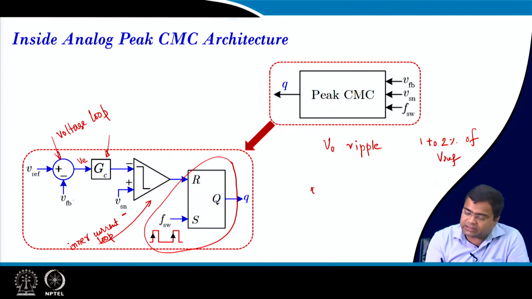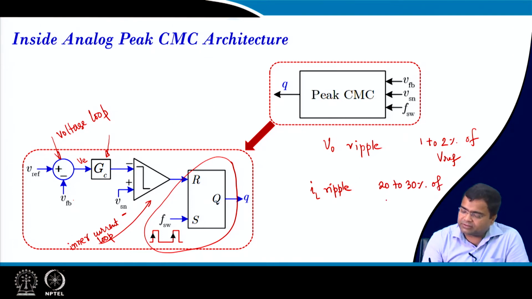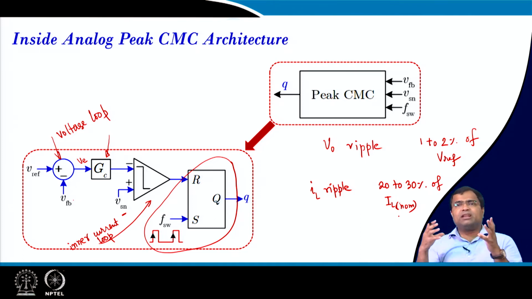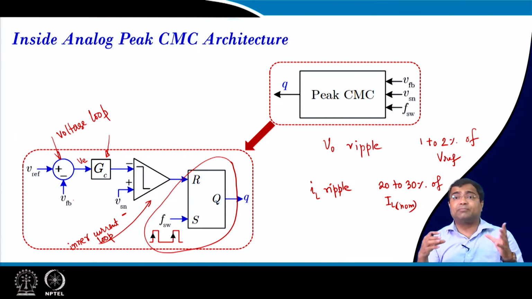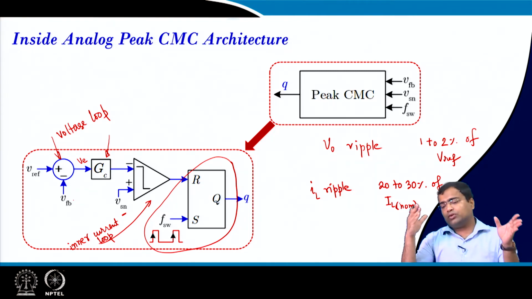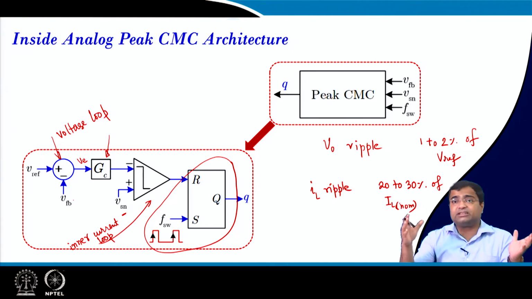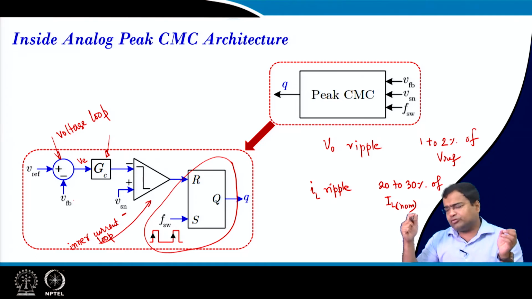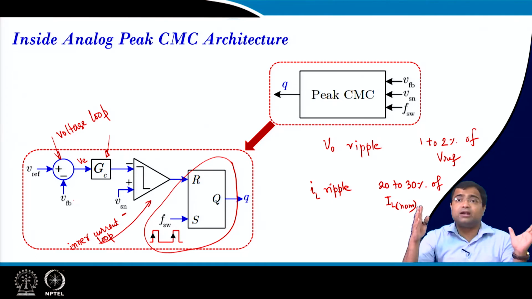But when you consider the inductor current ripple, we generally consider 20 to 30% or even higher of the IL average, that nominal value. The nominal value is basically the nominal load current for a buck converter. If we are talking about a 20 ampere nominal current, 30% of 20 ampere means 6 ampere. So, it can be 4 to 6 amperes of current ripple.